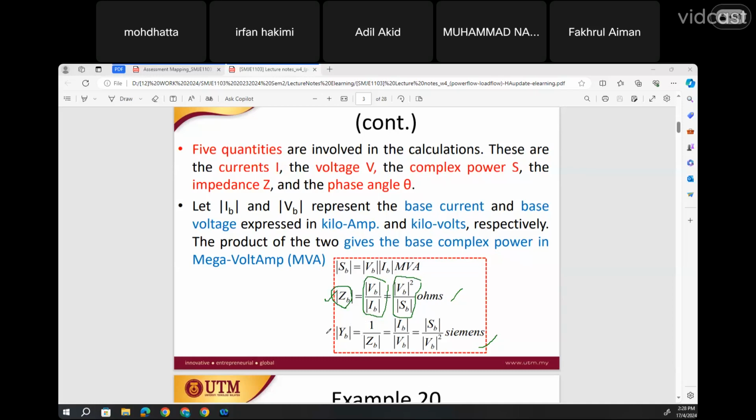For admittance, you can invert or flip the numerator and denominator quantities, or after you get this value, you can take the reciprocal of Z base, which is 1 over Z base, and that gives us the base admittance value.